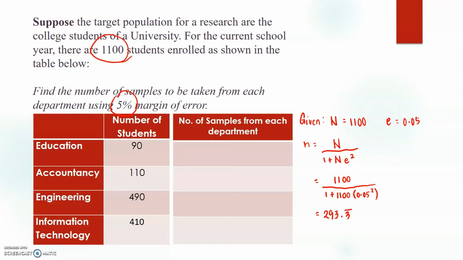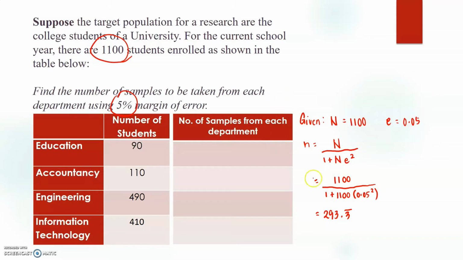Now, since we are talking about the number of samples and we can't get a person that is 0.3 in value, when we find the number of samples out of the population using Slovin's formula, we'll always have to round up.